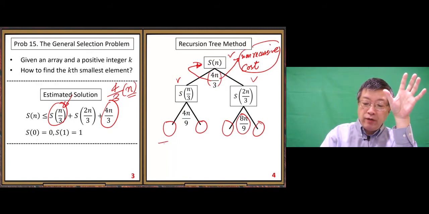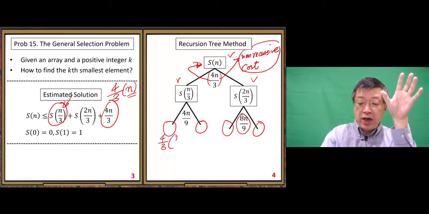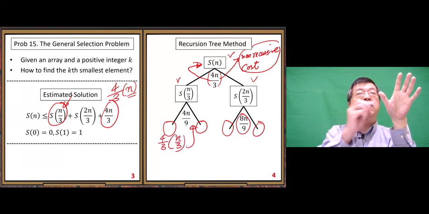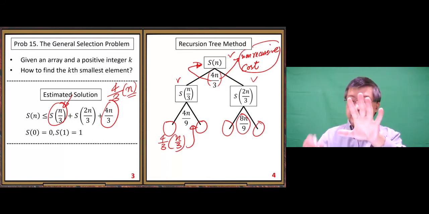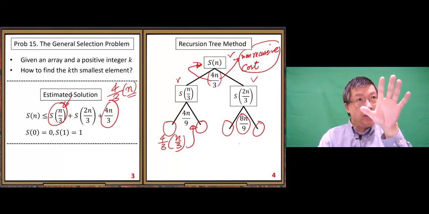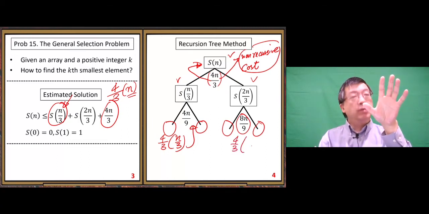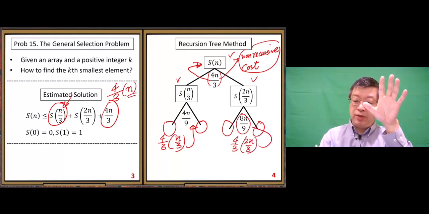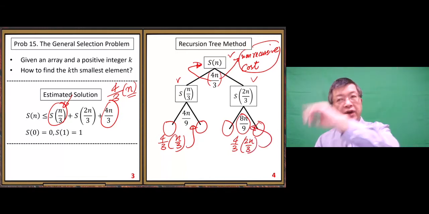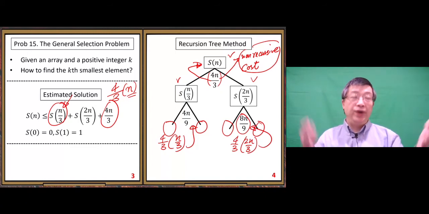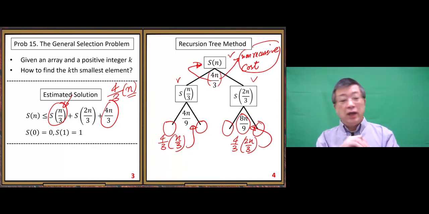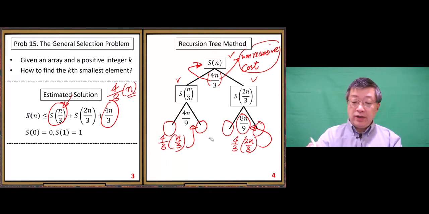The problem size is n over 3, so after simplification, 4n over 9. This side, same way: 4/3 times problem size 2n over 3, after simplification, 8n over 9.